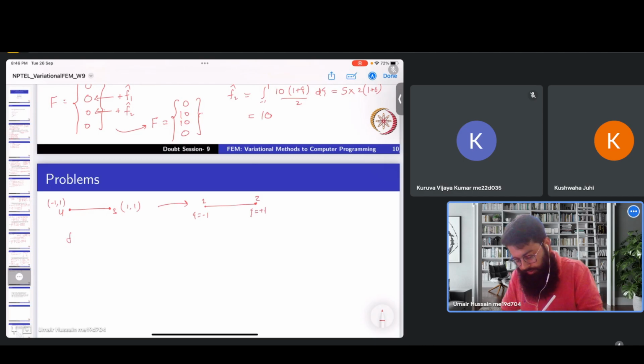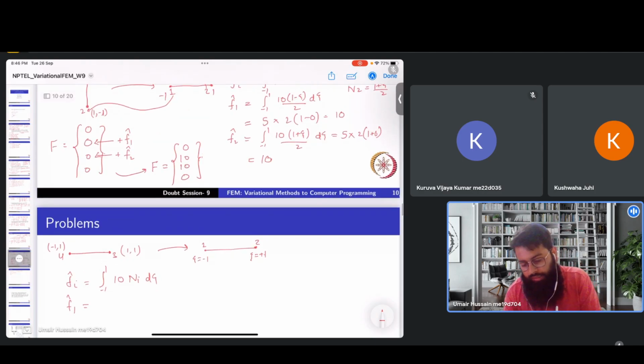So now our phi again is the sum of Ni times the nodal values. So F1 again here would be 10.